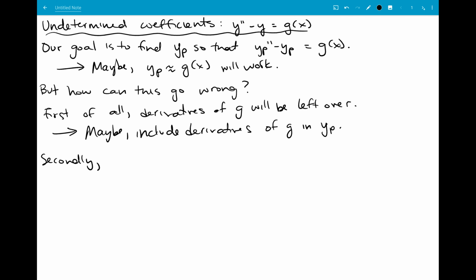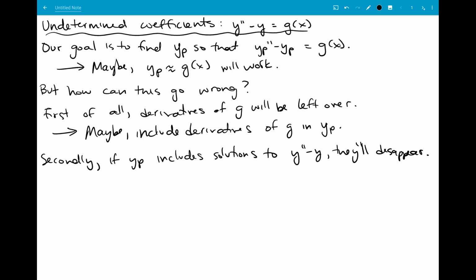And then the second way this can go wrong is if y sub p includes solutions to y double prime minus y, they'll disappear. And so, for example, y double prime minus y has solution e to the x.